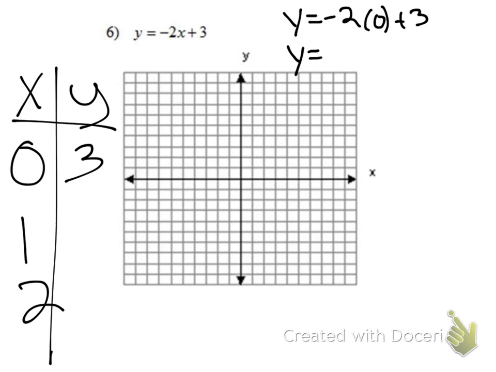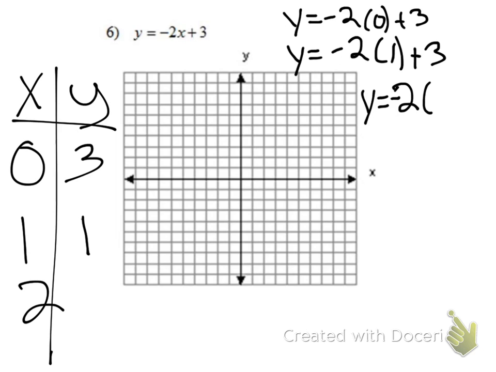Next I will do -2 times 1 plus 3. What's -2 times 1? What's -2 plus 3? Should be +1. You have more positives than negatives. All right, and the last one, we'll have -2 times 2.